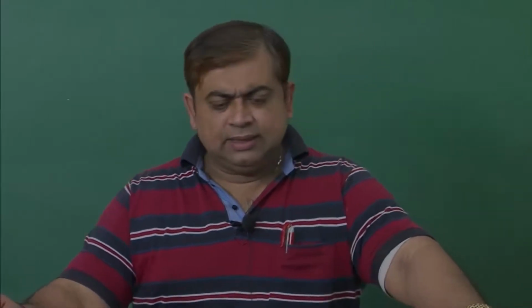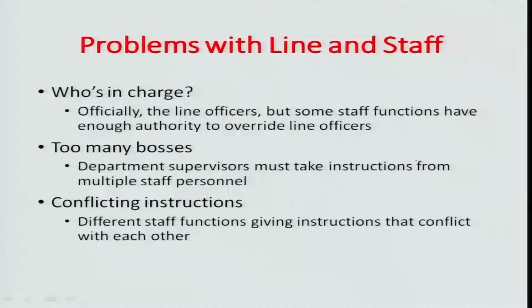So that's where we talk about factories and how their organizations are laid out. Now there may be problems with the line and staff kind of organizations. The first problem that would come in there is who is in charge. Officially the line officers should be in charge, responsible for the value chain, the value addition to the product.